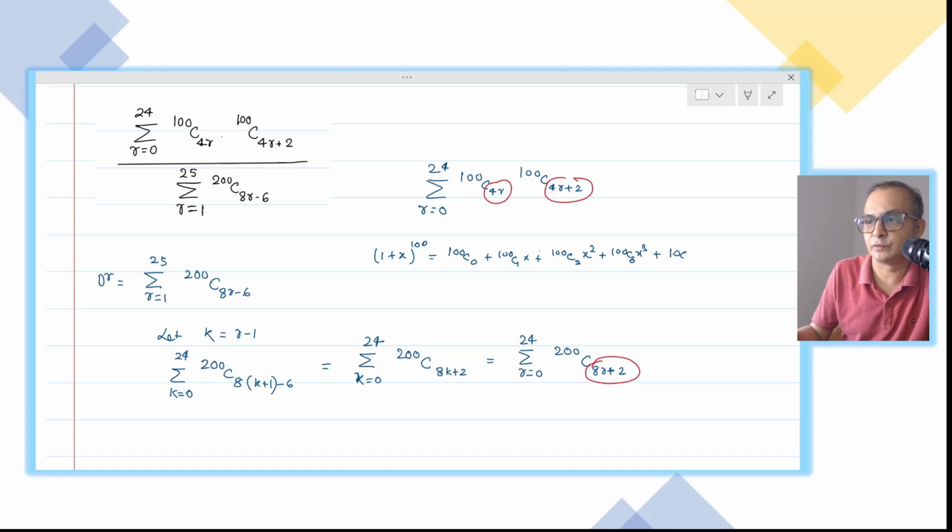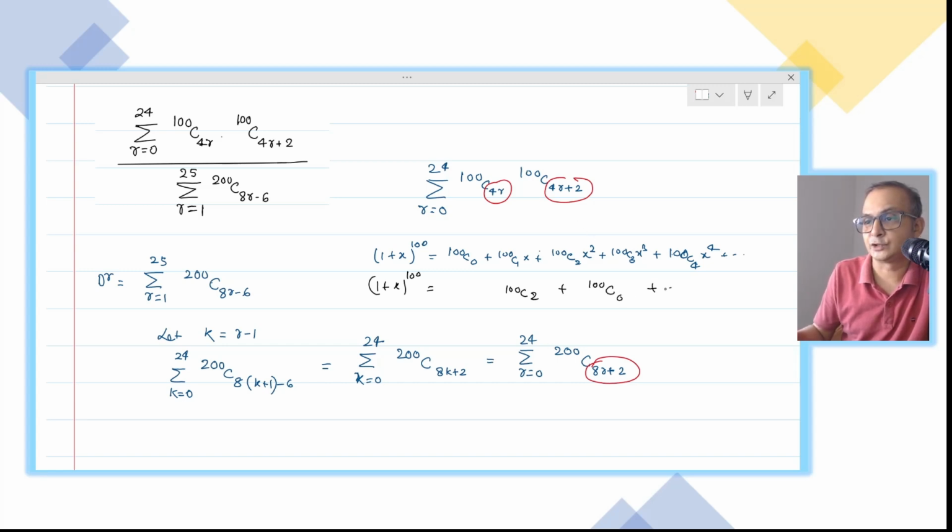And let me write one more, 100C4x to the power 4, and so on. The fact is, you are taking the second 1 plus x to the power 100, I'm not writing this whole thing. Okay, so I'm writing only this thing. So the first thing will get 100C2, and then we get 100C6, and so on.